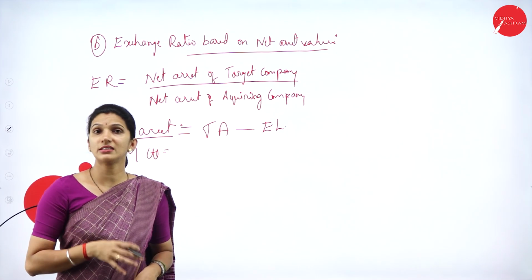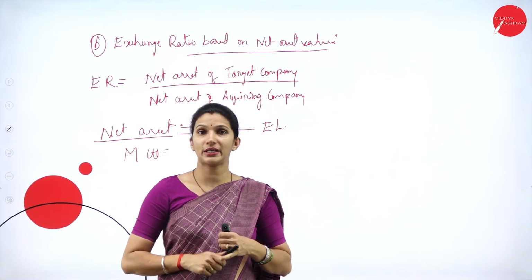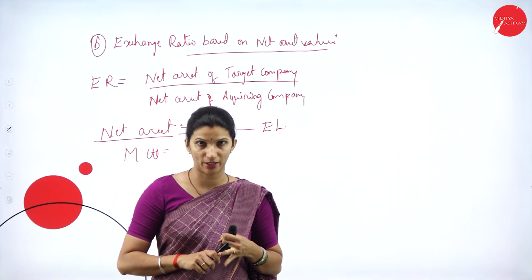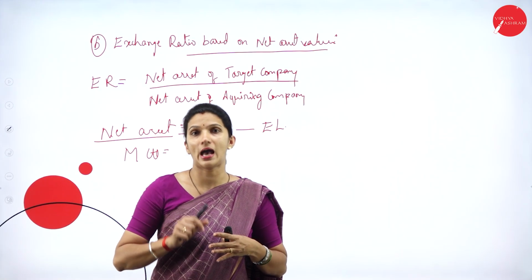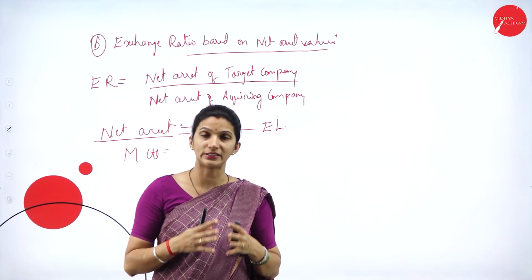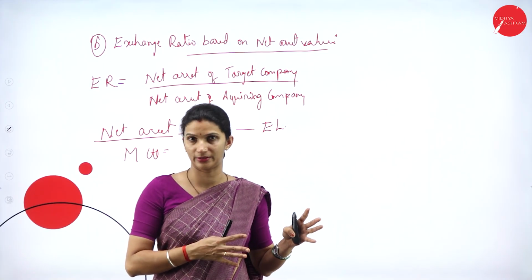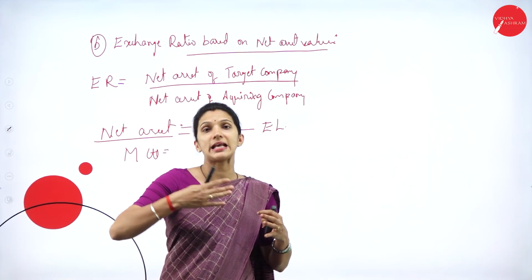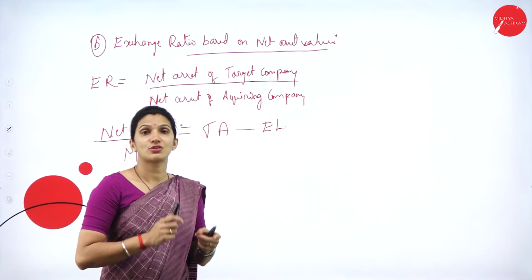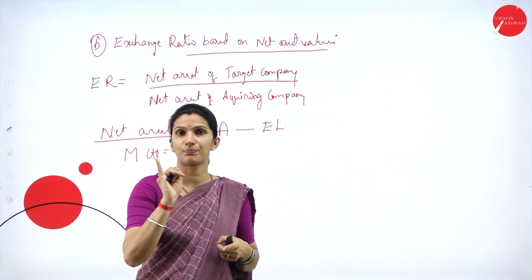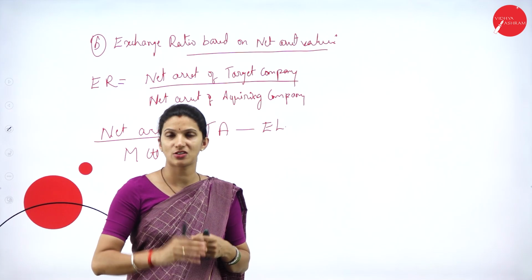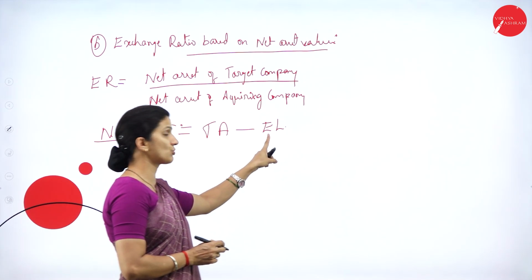External liabilities means apart from the equity shareholders' fund, like your equity share capital, the share premium, profit and loss account, and the general reserve. These are what we call the equity shareholders' fund. Apart from these, any external liabilities, like the debentures, preference share capital, any current liabilities or creditors, all types of liabilities, we need to take here.